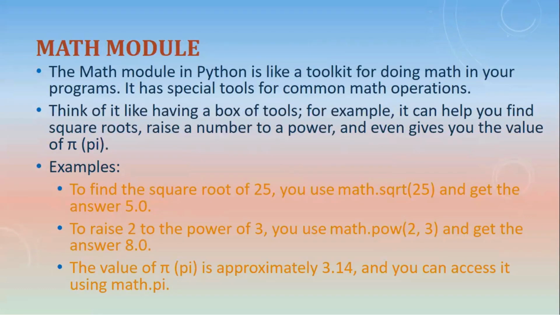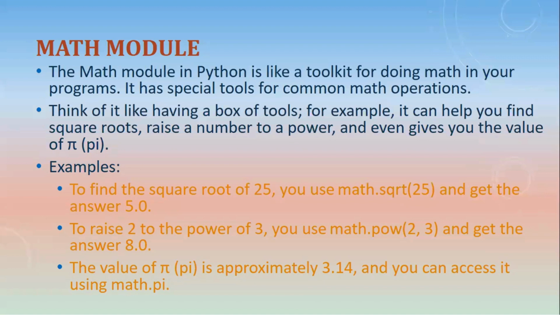Now let's have a look at what the math module is used for. The math module in Python is like a toolkit for doing math in your programs. It has various functions for simple mathematical calculations or trigonometric functions. There are also some constant values like pi and e.